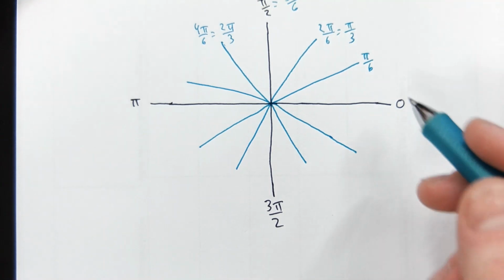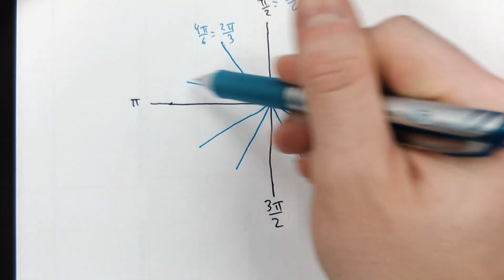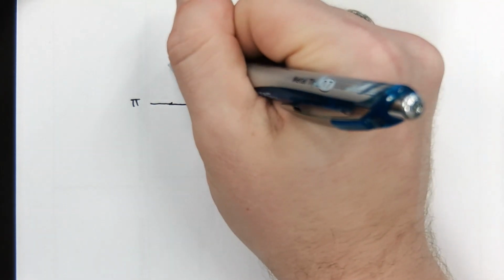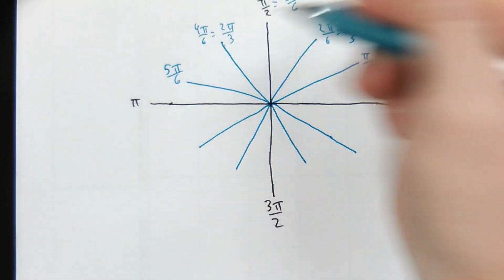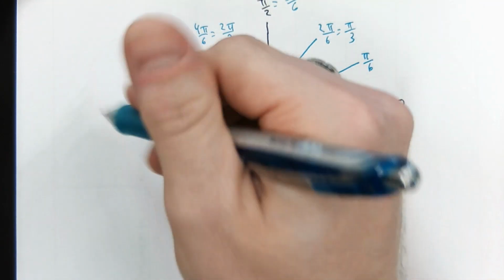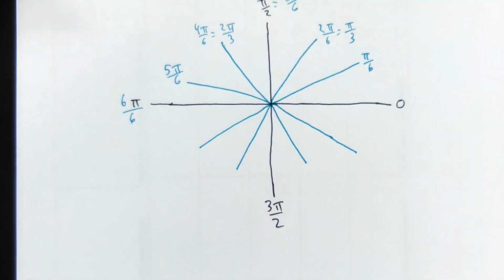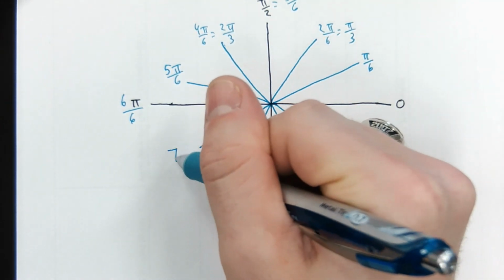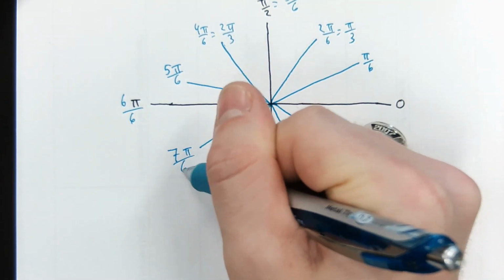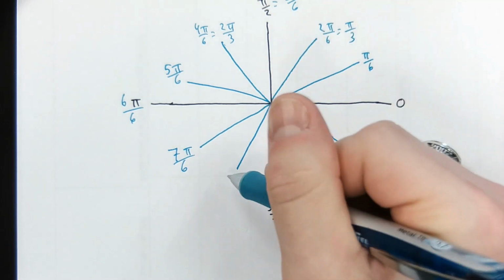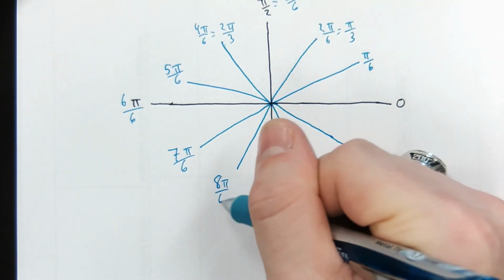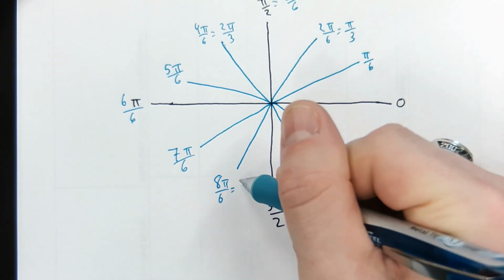This one is going to be really tough for me to write in. I am so sorry. But this one is my 5th pi over 6. This one is 6 pi over 6, which of course is 1 pi. Here's my 7th pi over 6 away from 0. This is 8 pi over 6, but that one does reduce to one of the ones that I had in the purple ones, 4 pi over 3.